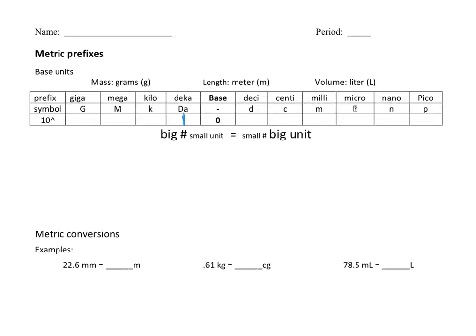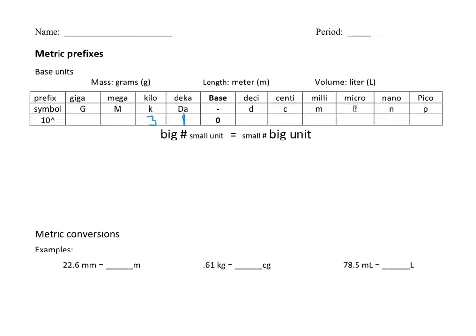Kilo is that unit times 10 to the positive 3, so like 1,000. 10 to the third is 1,000. And so a kilometer is 1,000 meters. A kilogram is 1,000 grams. A kiloliter is 1,000 liters.